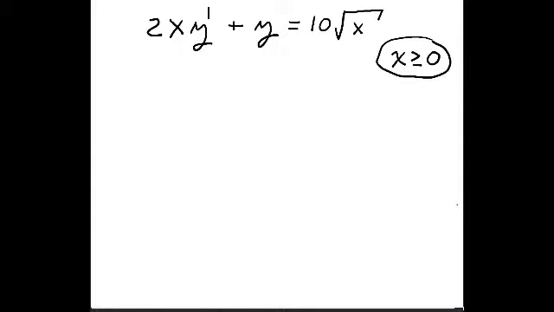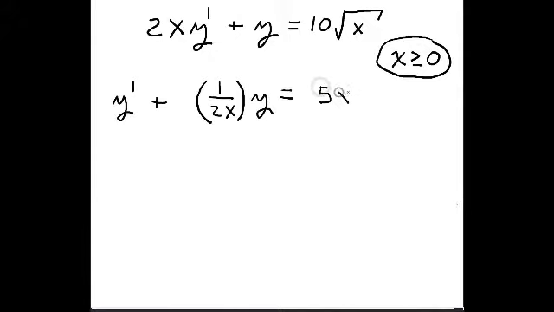We divide both sides of this equation by 2x, which leads us to this new differential equation: y prime plus 1 divided by 2x times y must be equal to, using modern notation, 5x to the negative 1/2. Divide both sides by x, and that's what you get.